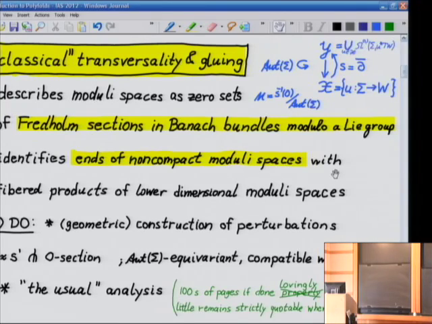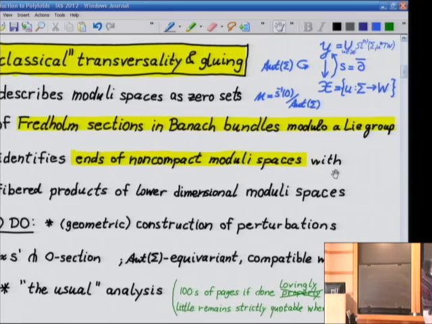In the simplest cases, X is some space of maps to a symplectic manifold W. The section is the d-bar operator that lands in some bundle of 0,1 forms, and there's the whole automorphism group of the surface under which this section is equivariant. So that's our description: we have a Fredholm section modulo a usually non-compact Lie group.